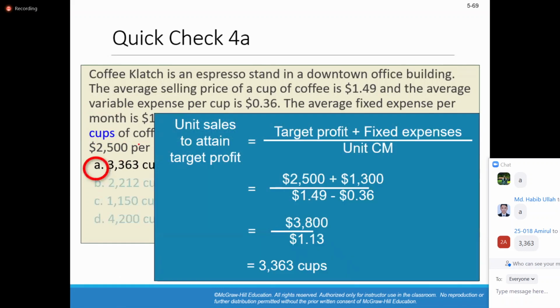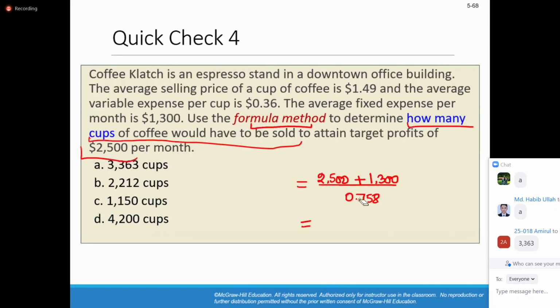How many cups of coffee? So in that case, when it is how many cups of coffee, I cannot use the contribution margin ratio. Rather, I have to use the contribution margin per cup. Okay, so I made a mistake here. So contribution margin per cup is 0.36.